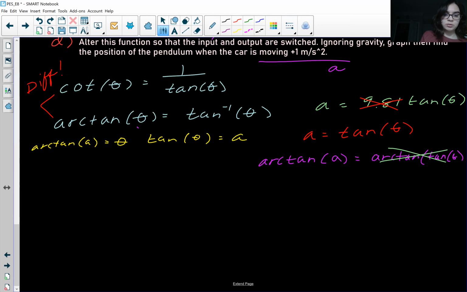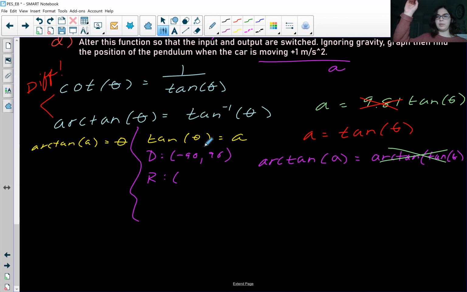So let's start with tangent. The domain we found was between -90 and 90. I'm writing in degrees right now. And again, we're just doing this from a conceptual standpoint. The range of tangent: in that interval, we saw how when we approached the asymptotes, it went to infinity.